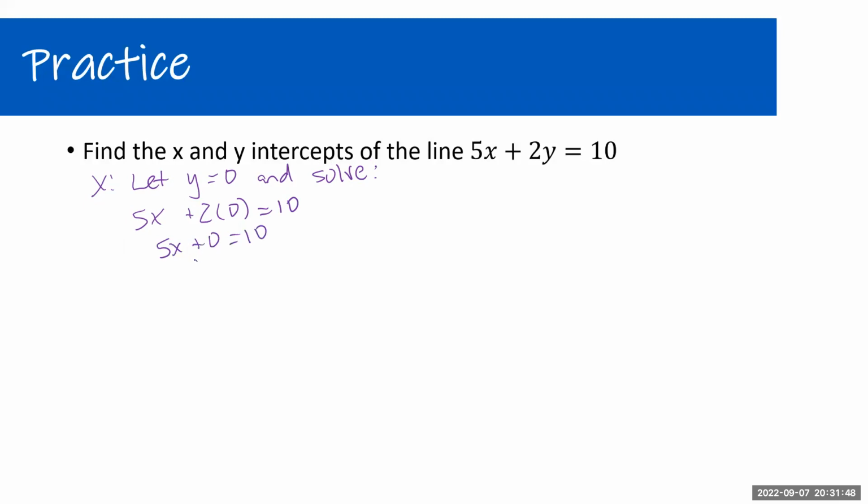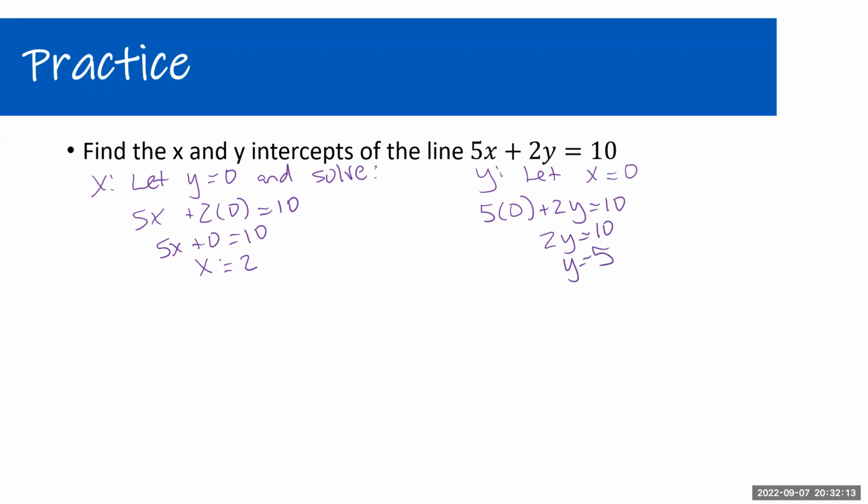That's just going to be 5x. So we're going to end up with x equals 2. For the y-intercept, we're going to let x equals 0. So now we have 5 times 0 plus 2y equals 10. So that's going to be 0. So we know that 2y equals 10. So y is going to be 5.